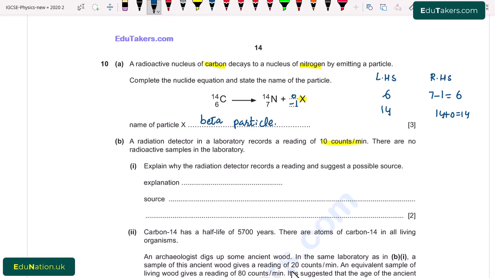First of all, it is due to the background radiation. Background radiation may be obtained from rocks, ground, buildings, food, air, sun. So I write here the explanation is that it is due to the background radiation, and this radiation exists even when there is no radioactive source present.